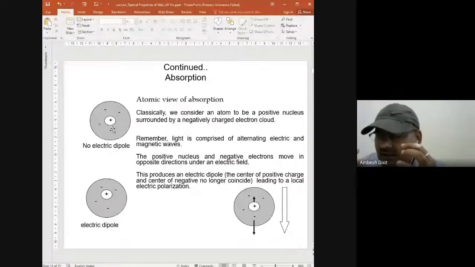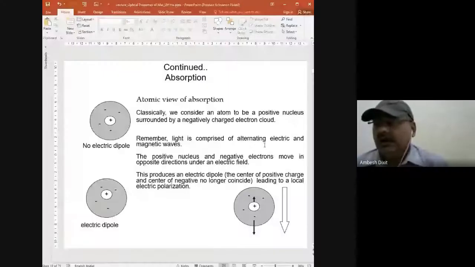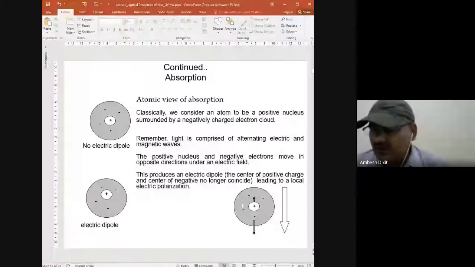Their charge amount is the same, so you build up an electric dipole. Remember, light is comprised of alternating electric and magnetic waves. Leaving the magnetic waves aside, the positive nucleus and the negative electrons move in opposite directions. This produces an electric dipole, as we have discussed, because the centers of positive and negative charge no longer coincide, leading to a local electric polarization. This is when we have a fixed electric field.